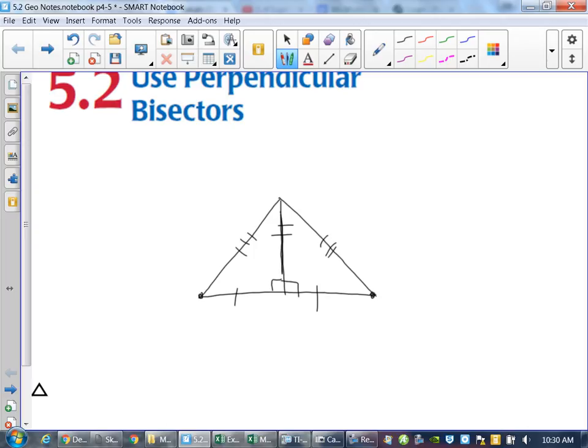So if you're on a perpendicular bisector, you're always equidistant to the endpoints of the segment that's bisected. It's a long-winded word for CPCTC. That's what happens. Okay.